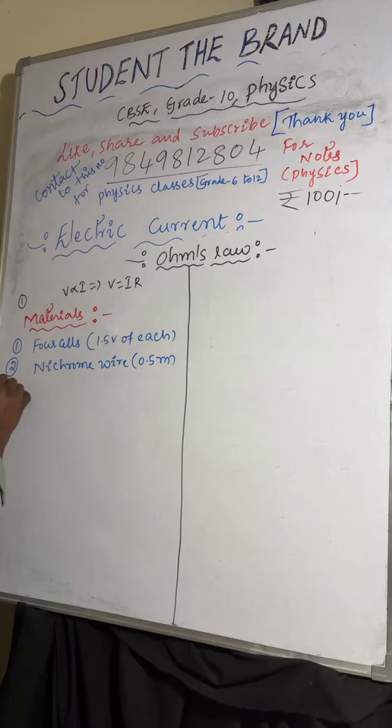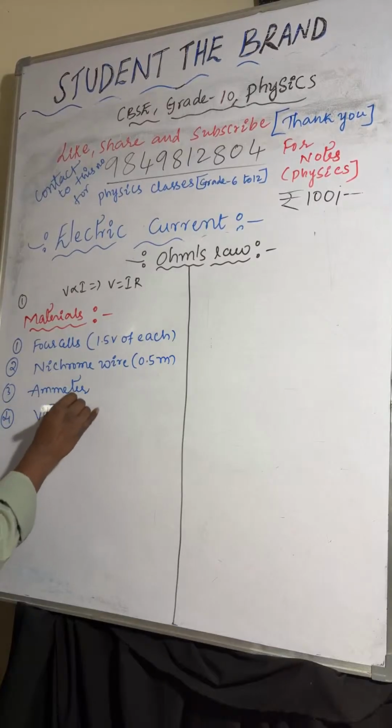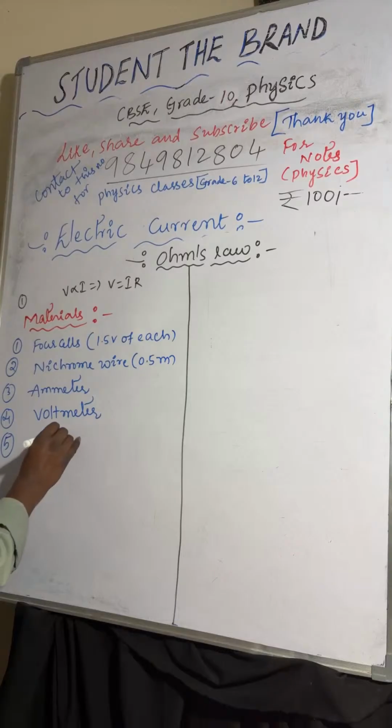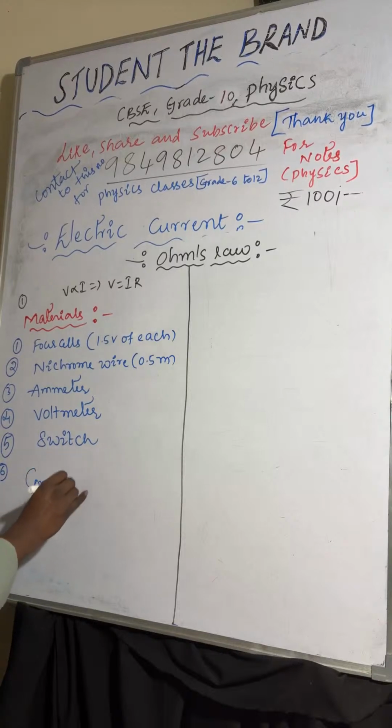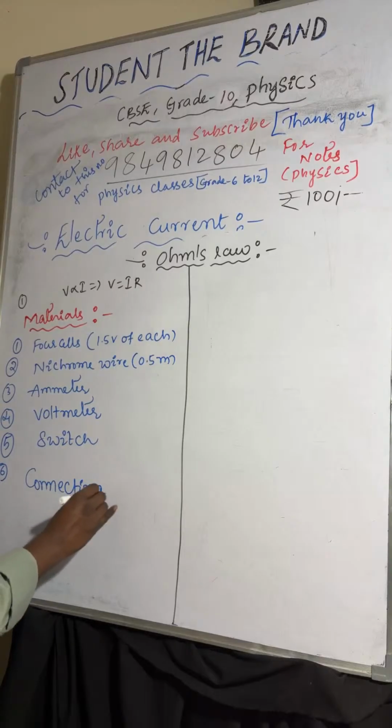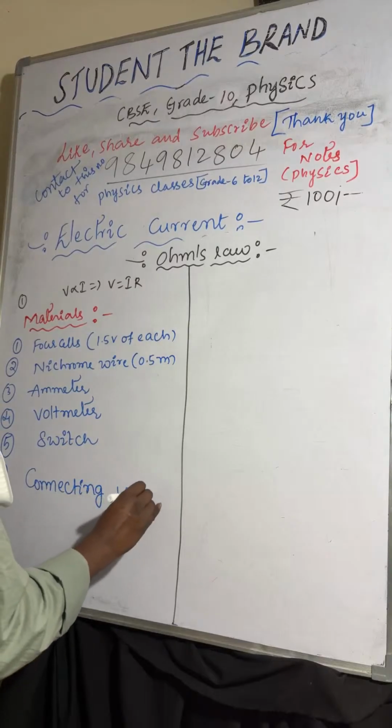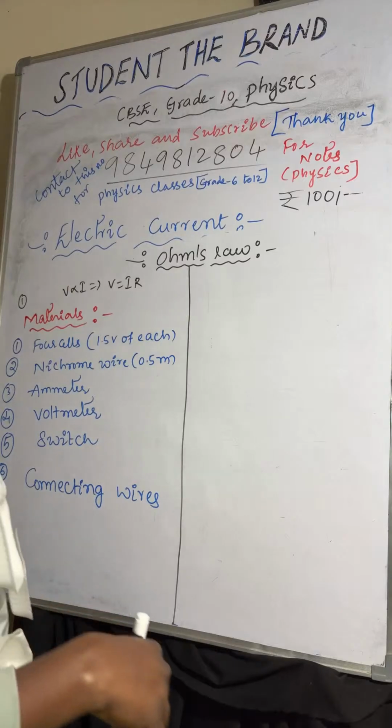Third, ammeter. Fourth, voltmeter. Fifth, switch. And connecting wires. Okay, so these are the materials required.